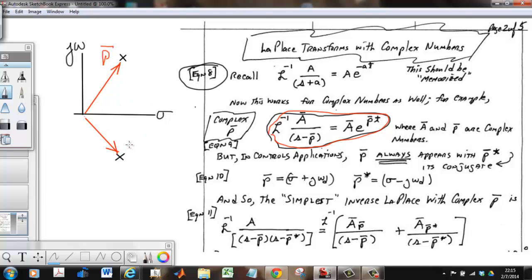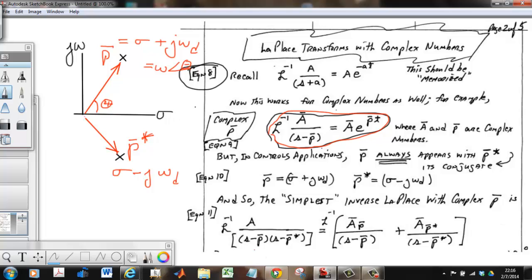And so if you have p, you're going to have a p star that's equal to sigma minus j omega d. And this one, of course, is going to be equal to sigma plus j omega d, or omega n at an angle of theta, where that's the angle theta.